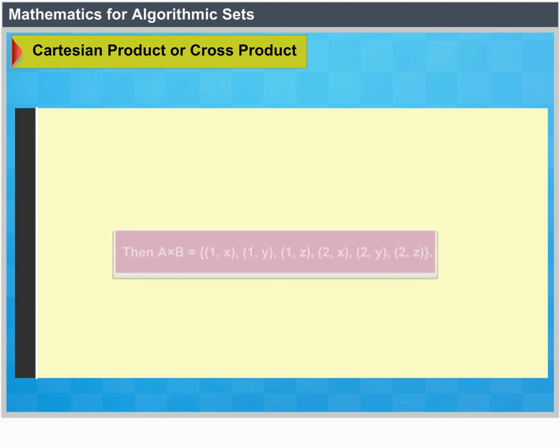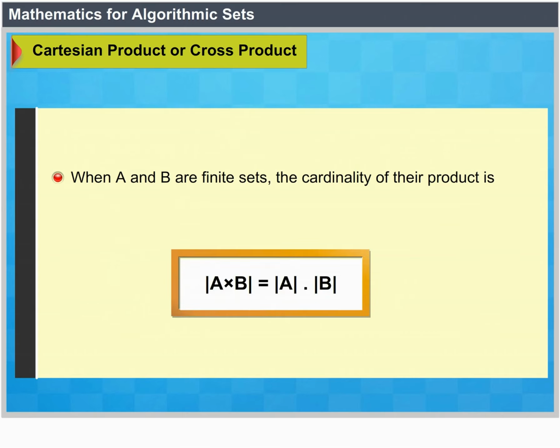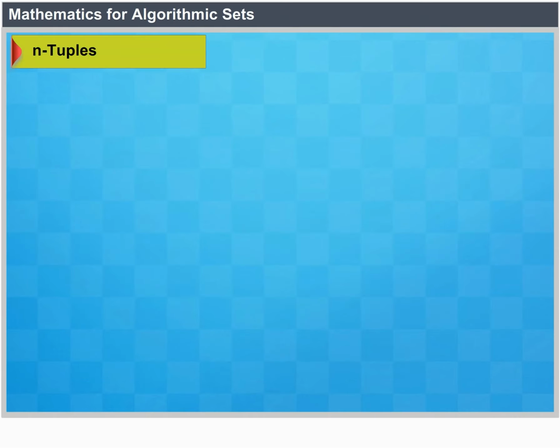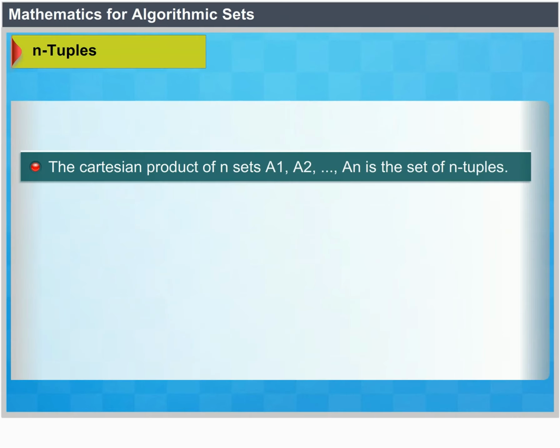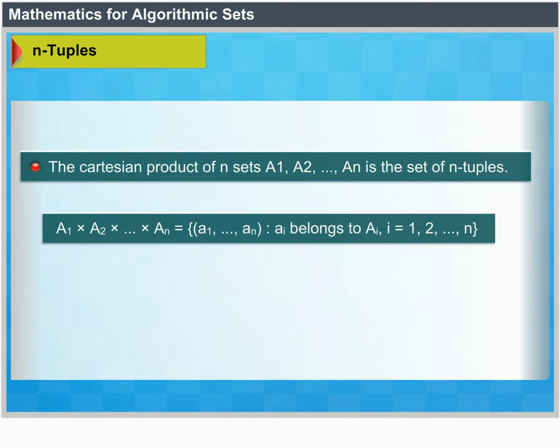When A and B are finite sets, the cardinality of their product is |A × B| = |A| times |B|. N-tuples. The Cartesian product of n sets A1, A2, up to An is the set of n-tuples. A1 × A2 × ... × An = {(a1, ..., an) such that ai belongs to the set Ai}.